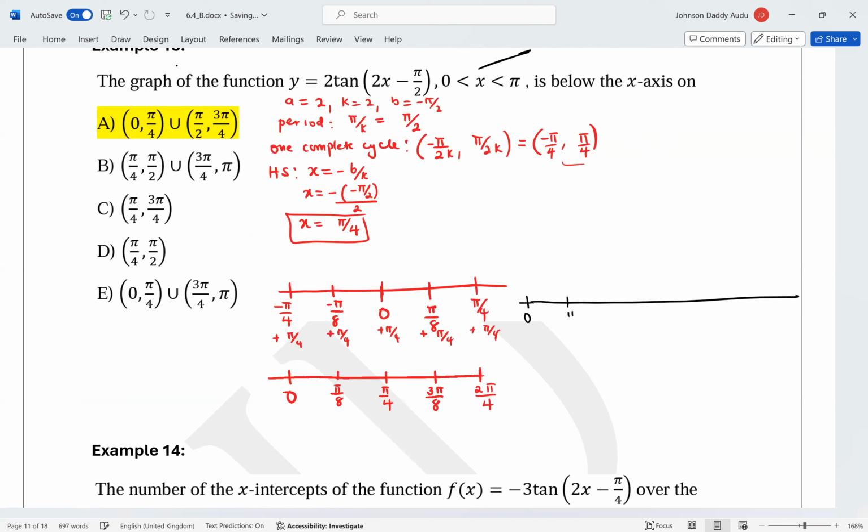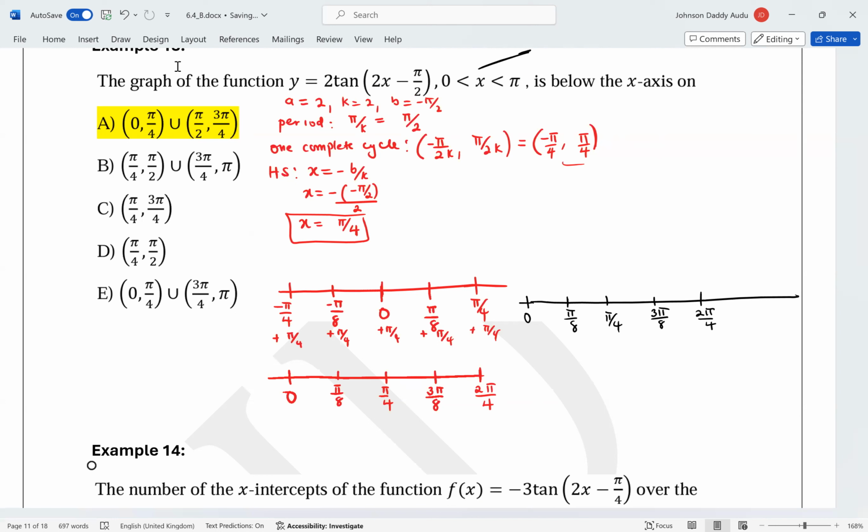And here is pi over 8. And here is pi over 4. And here is 3 pi over 8. And here is 2 pi over 4. So you can see that this is not up to what we need. We need from 0 to pi.